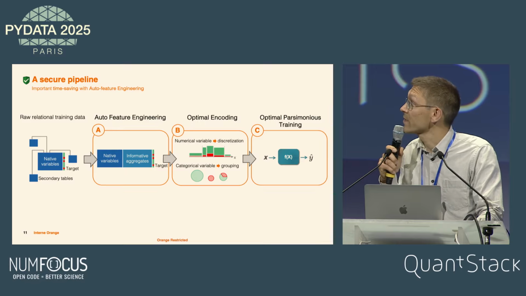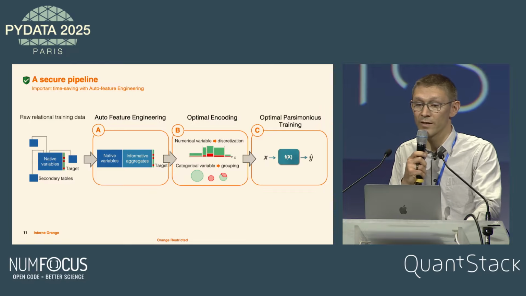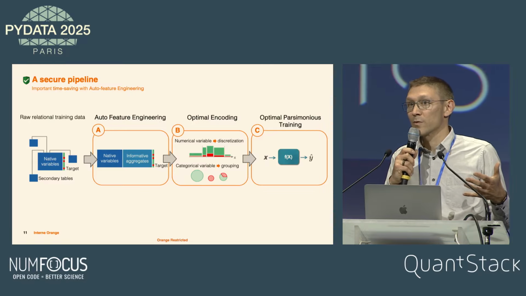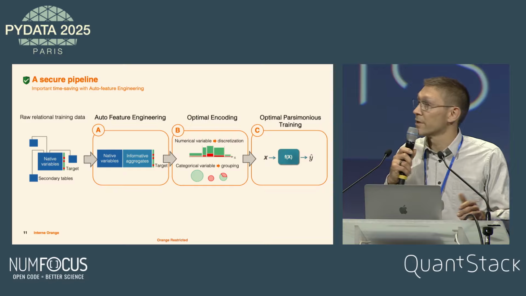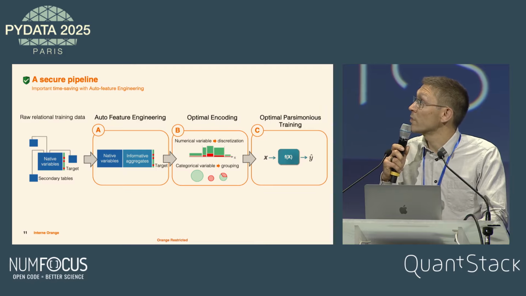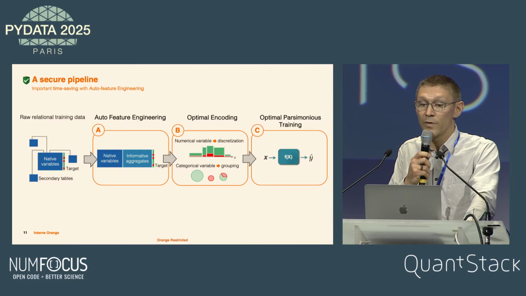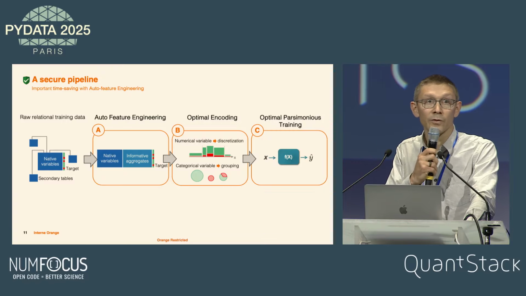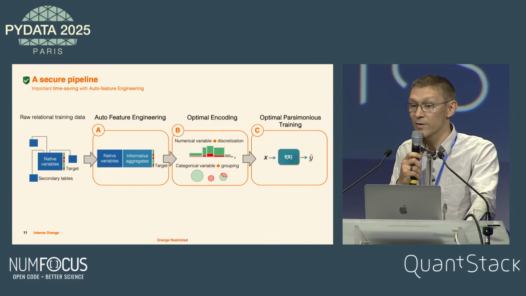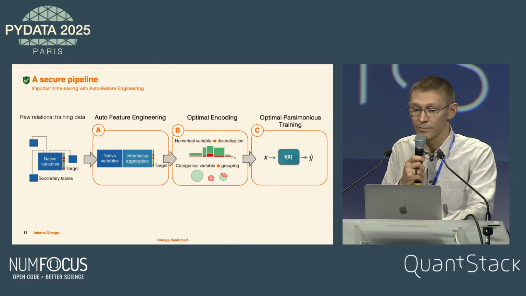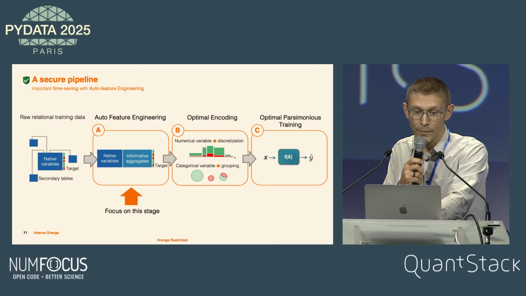And the last step consists in parsimonious training. And all these models are gathered in order to build the final model. And a very small subset of variables are selected at this step.